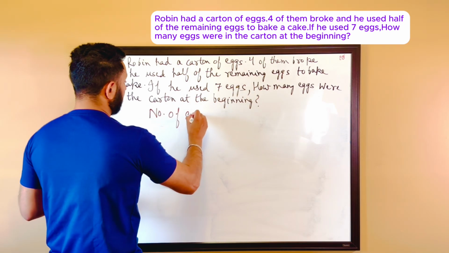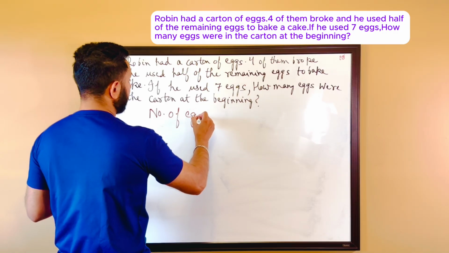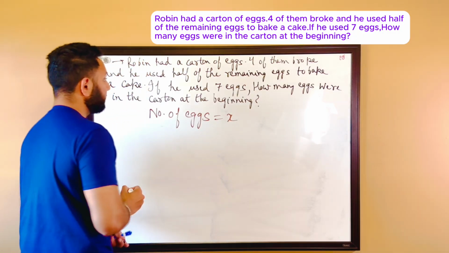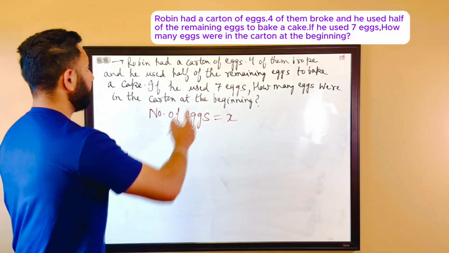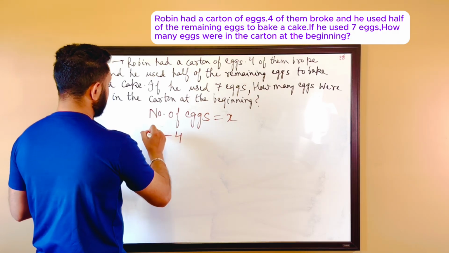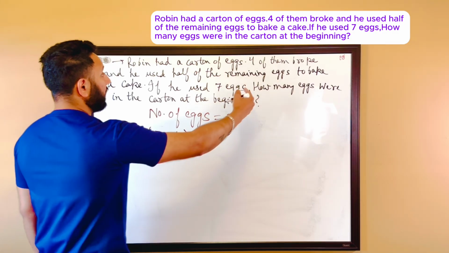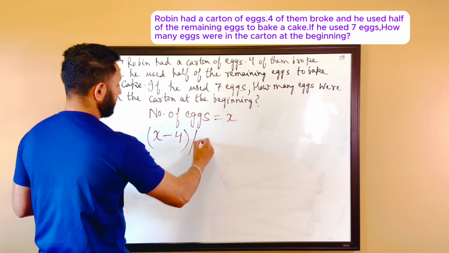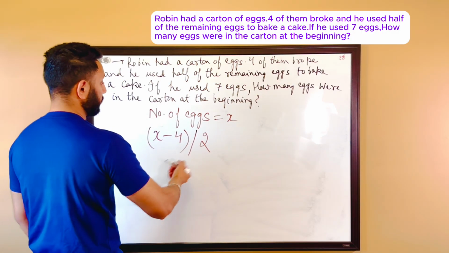Let's suppose the number of eggs in the carton at the beginning is X, and 4 of them broke, so X minus 4. And he used half of the remaining eggs, so that means divided by 2.